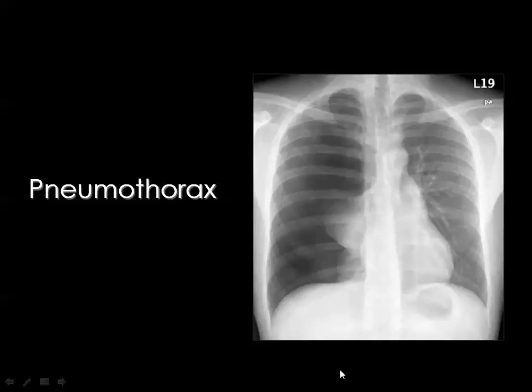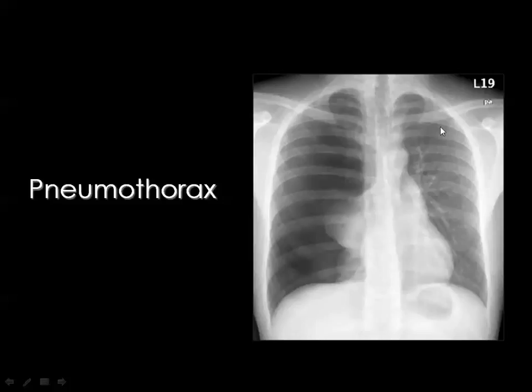Then we come to pneumothorax. Pneumothorax means that there is excess air in the pleural cavity compressing the lung, and in this condition the compressed lung will collapse towards the hilum, and this is very important. The collapsed lung will not be compressed towards the diaphragm, it will collapse towards the hilum.